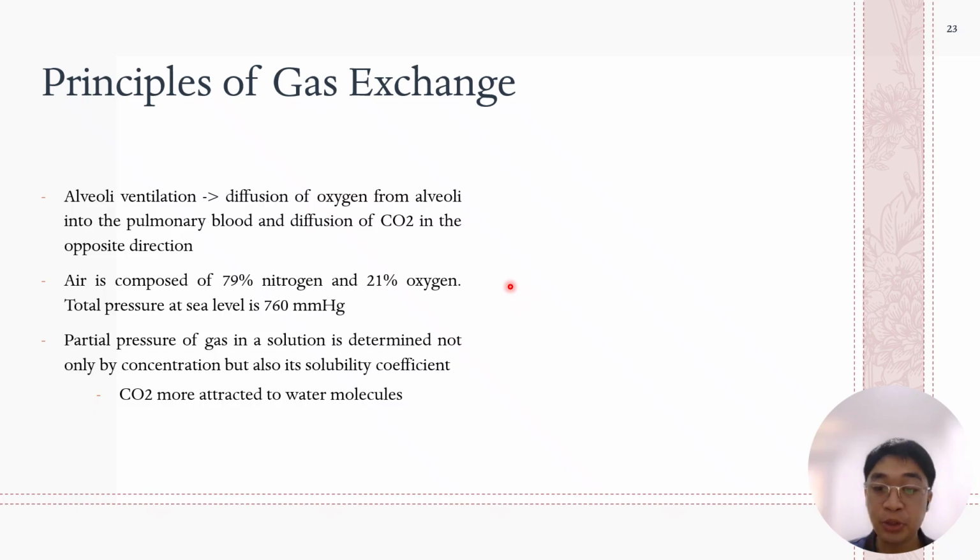It is important to discuss a little about partial pressures because the partial pressure of a gas in a solution is determined not only by the concentration but also its solubility coefficient. A partial pressure tells us how much gas can be dissolved, because how much gas is dissolved will eventually lead to how much gas will be exchanged in our lungs. Take note that carbon dioxide is more attracted to water molecules.